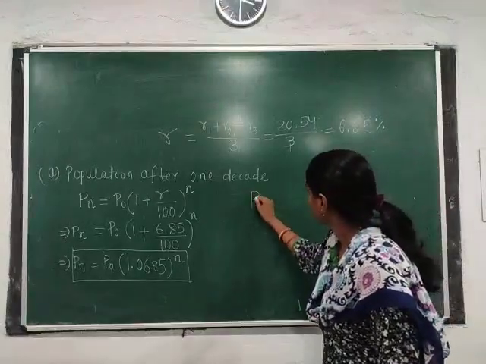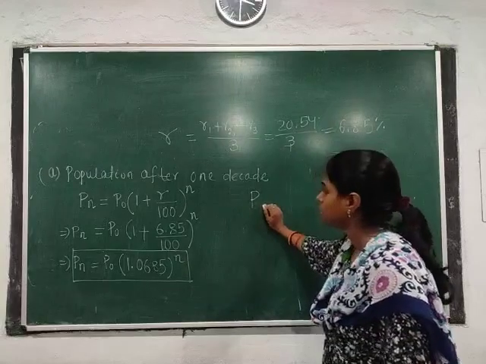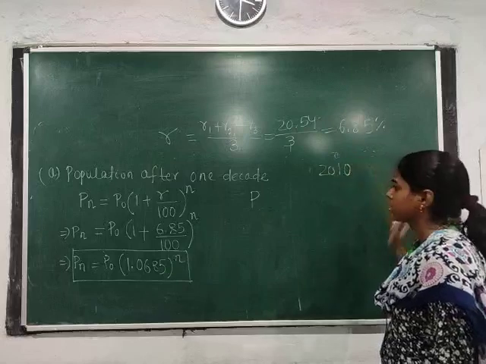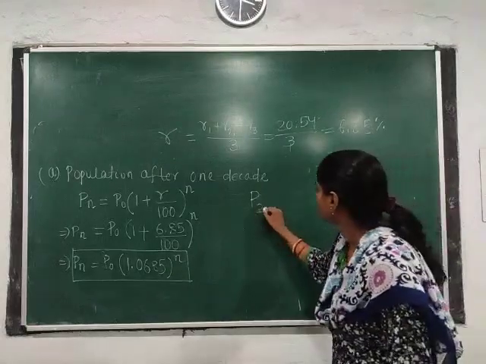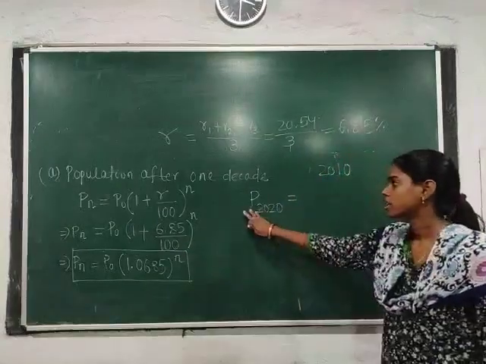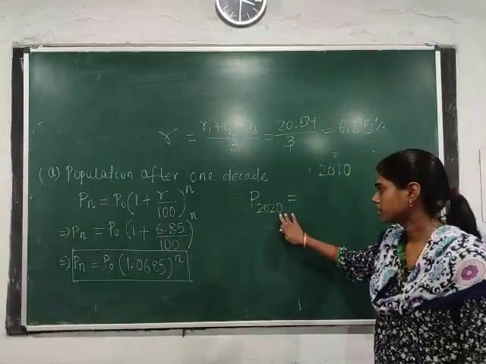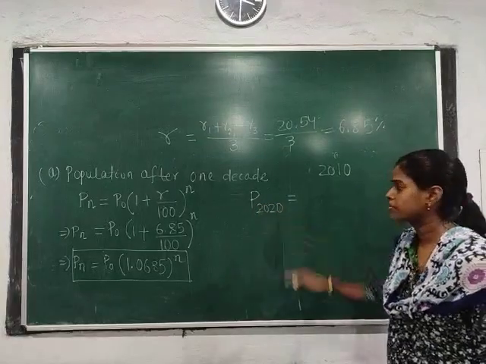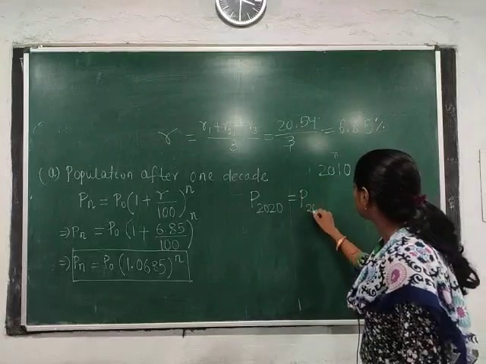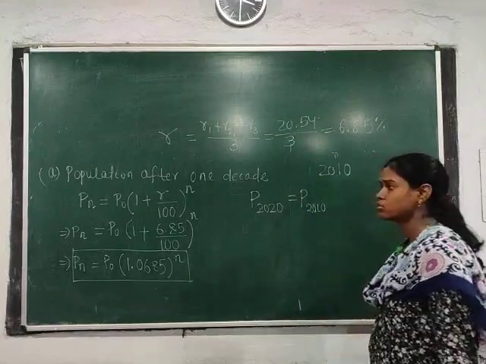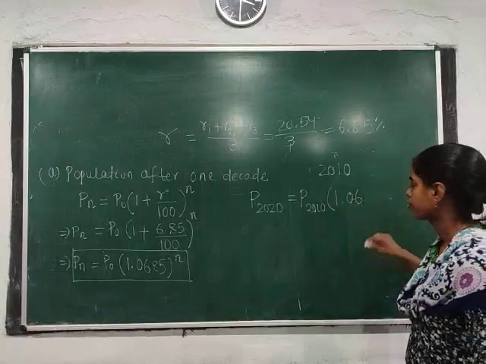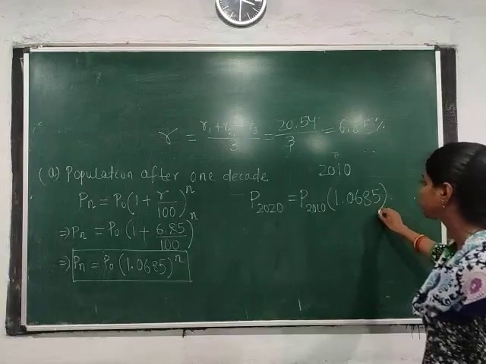For the first decade, P0, the last known decade, is 2010. So the next decade will be 2020. In place of Pn we can put the population at the year 2020. Then in place of P0 we will write the population at the year 2010 whole into 1.0685 whole to the power n.